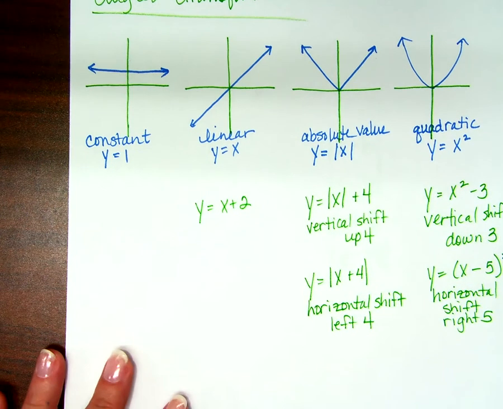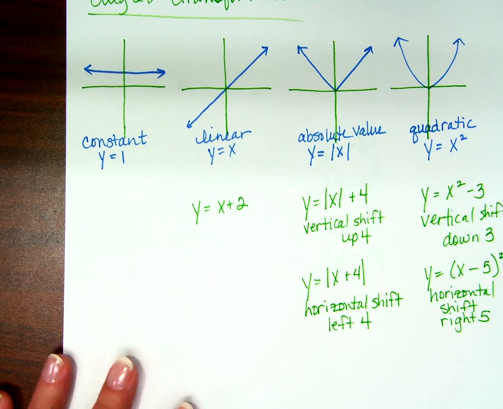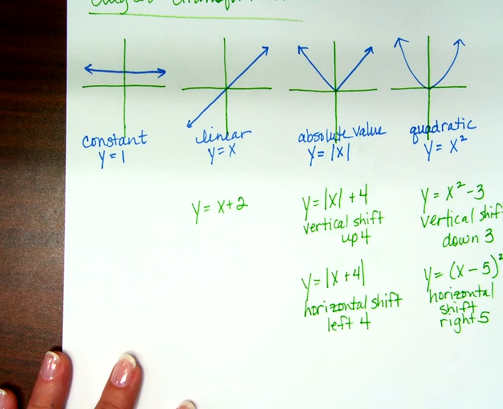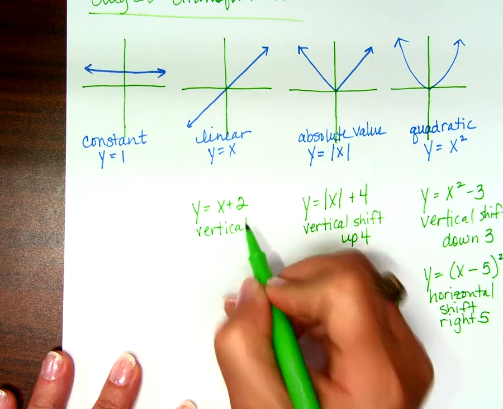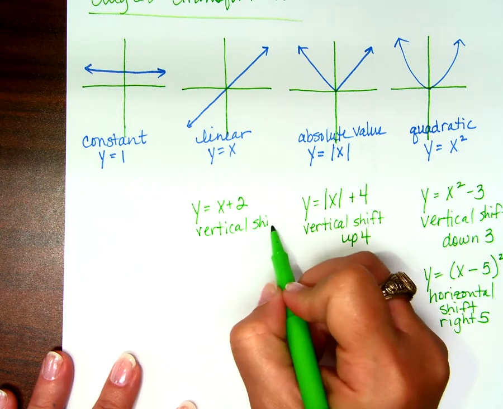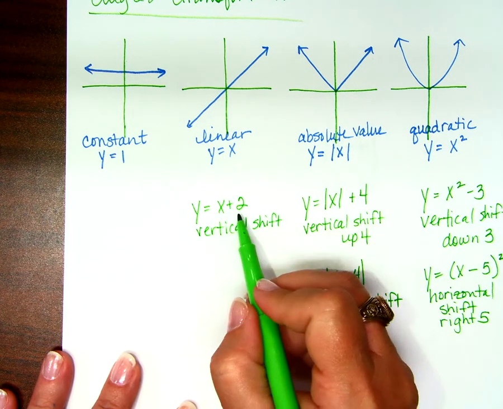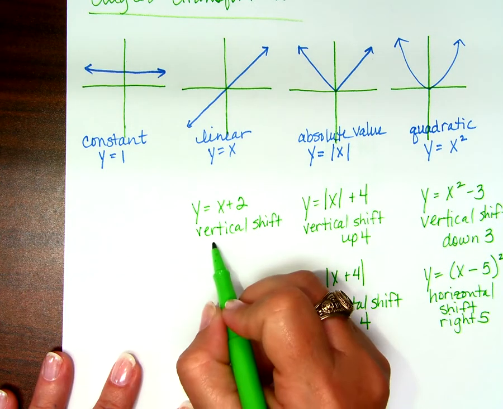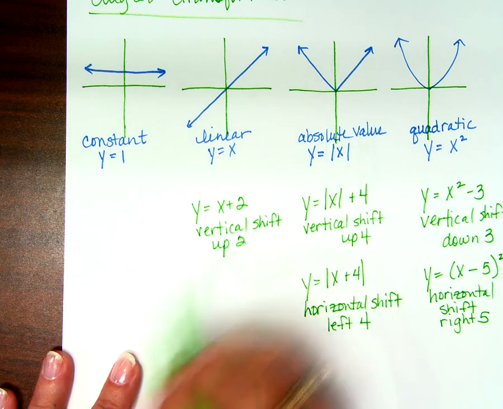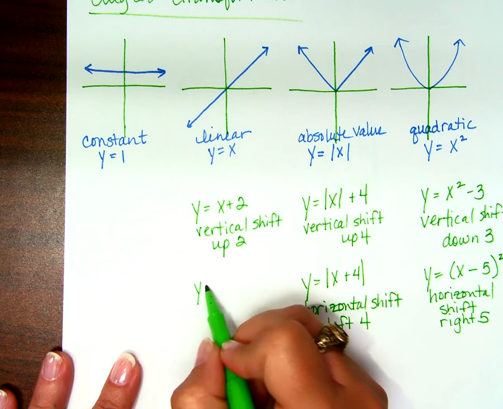What kind of change is this? Vertical? Why is it a vertical? Because it's outside the function, right? So up 2. What kind of change is this?